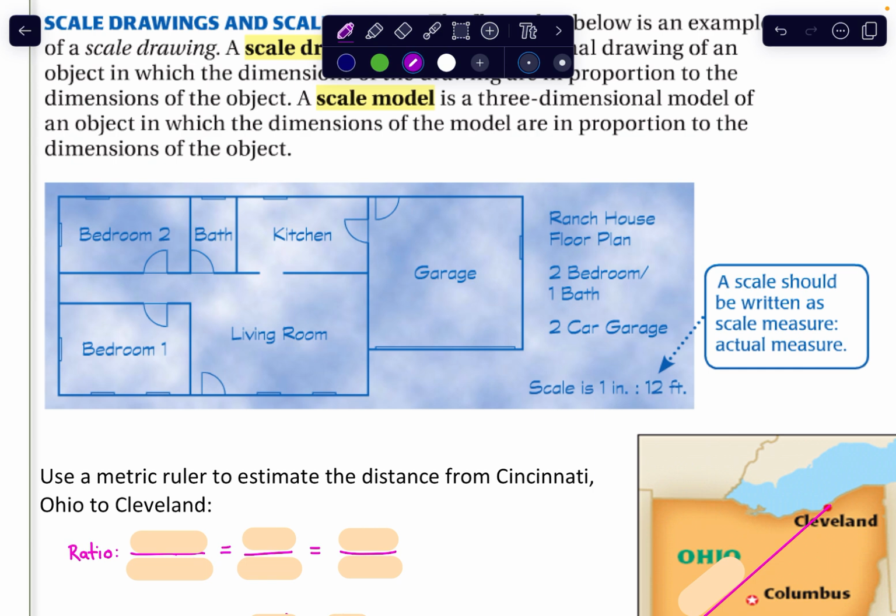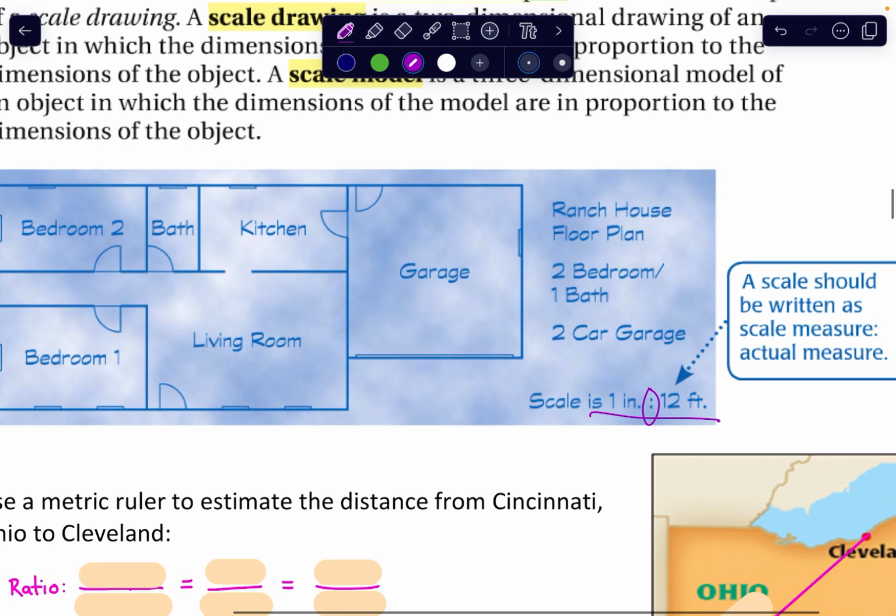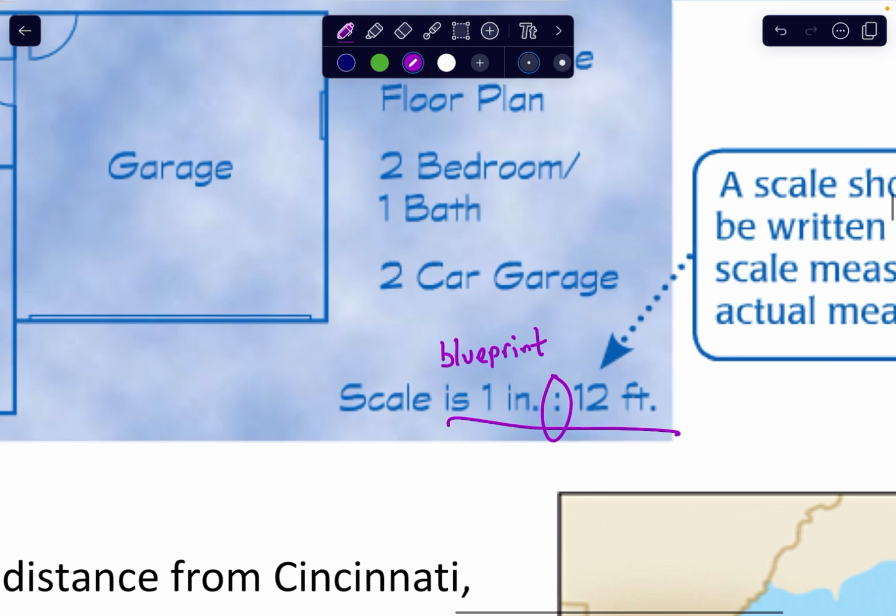And the scale is right here: 1 inch equals 12 feet. And that's really how you should read that. It doesn't really look like an equal sign, it's a colon, but it does the same thing. So basically 1 inch is the blueprint, not the model, because the blueprint is smaller. So 1 inch is smaller than 12 feet, so 1 inch must be the blueprint.